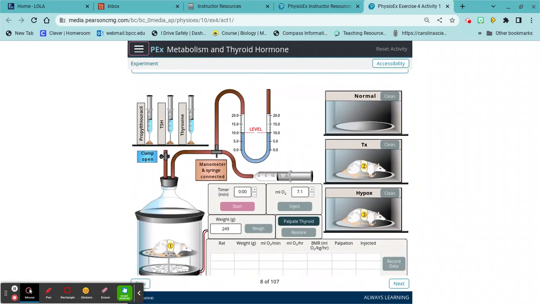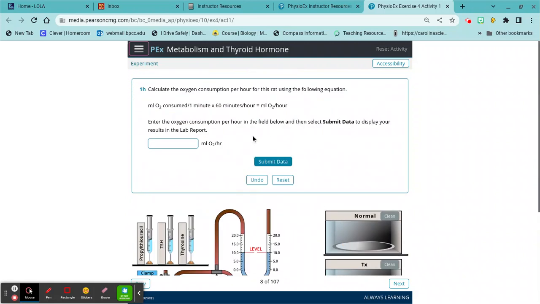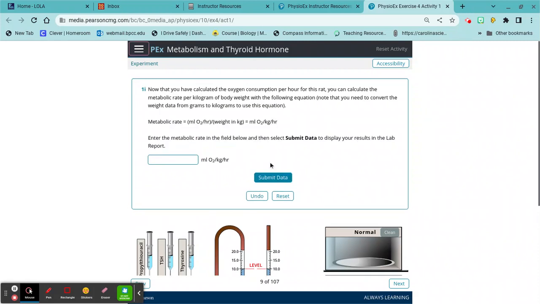So 7.1 is then put over 1 minute times 60. So it should be 7.1 over 60. Are we rounding? Let's do 118 and see.